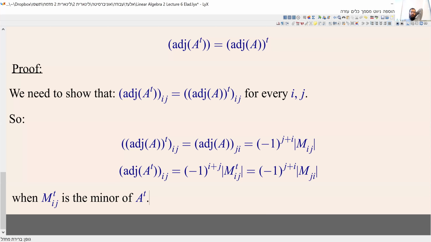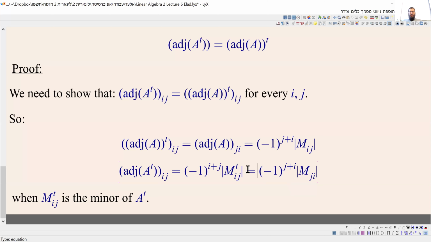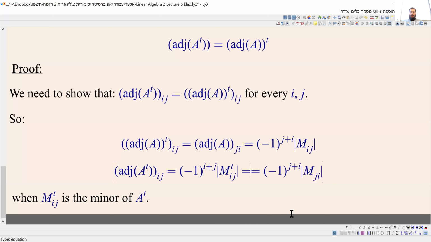You know what? Let's add another step here in the proof. If I write it down explicitly, that's what's bothering me.